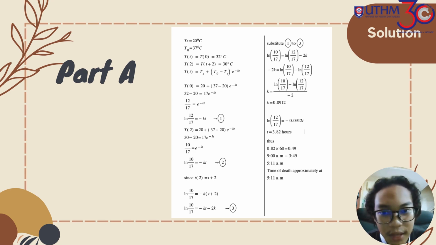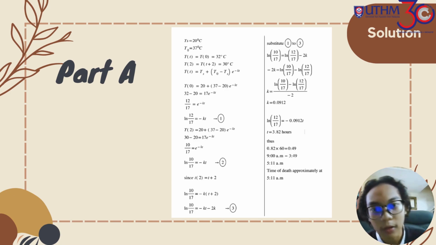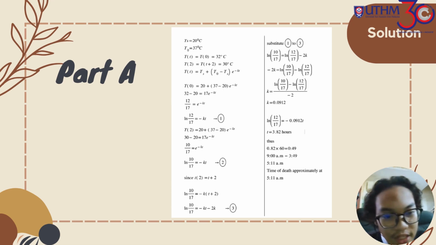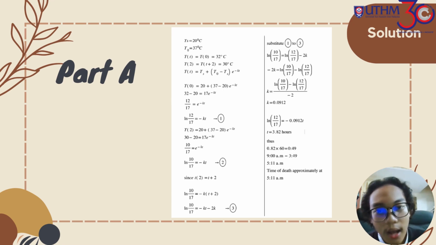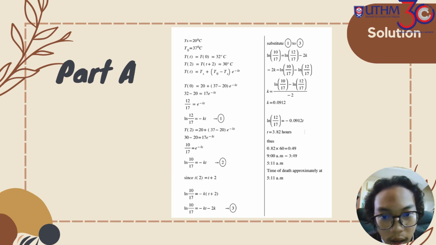So we take the log of both sides. We get ln 12 over 17 equal to negative kt. Okay, that is our first equation. For the next equation, our T2 is 30 degrees Celsius after 2 hours, equal to 20 plus 37 minus 20 in bracket, times e to the power of negative kt.